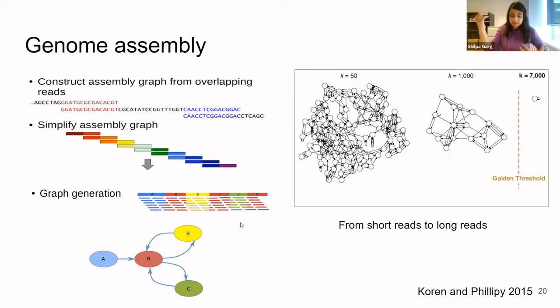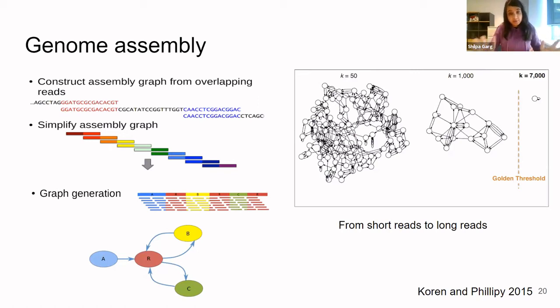Therefore, when we constructed graphs based on the short reads, where each read is a node and the connections are based on the overlaps between the sequences, you get very tangled graphs because of the repeating structures in the human genome. But as we moved from short reads to longer reads, which has enabled us to span these repetitive regions and uniquely assign the reads to repeats, the graphs look less tangled, and thus we get contiguous assemblies.